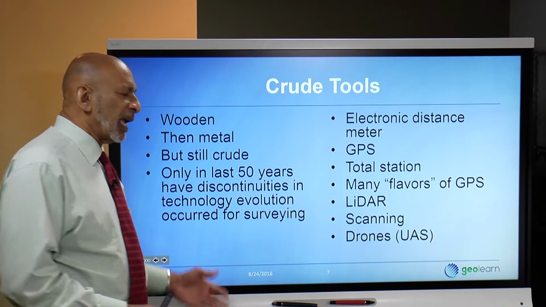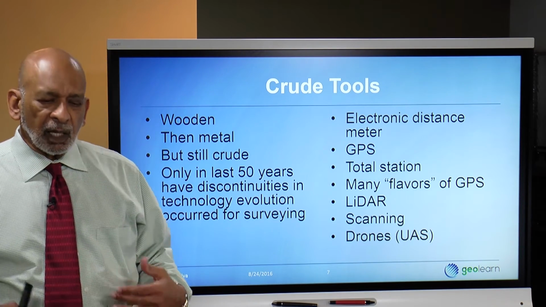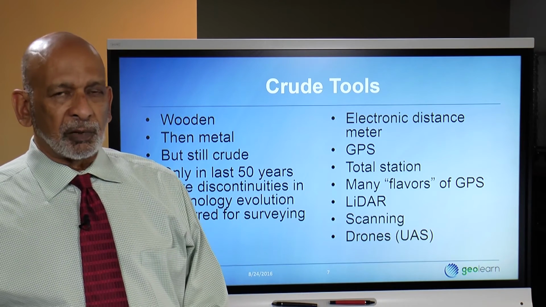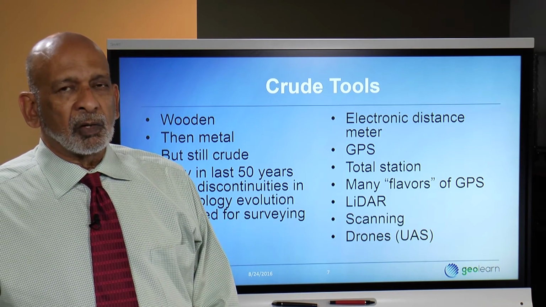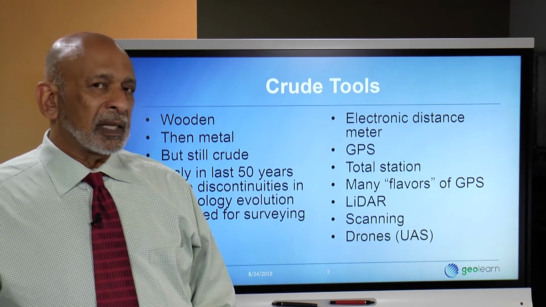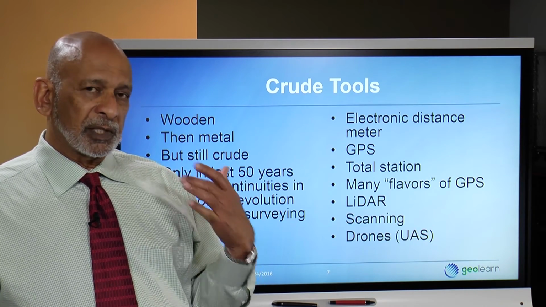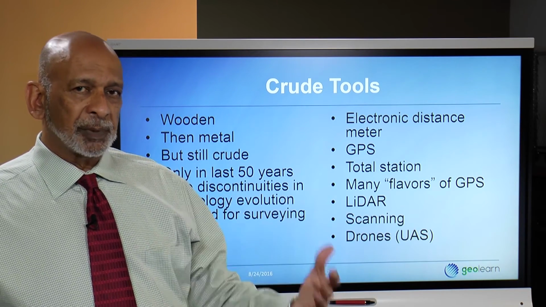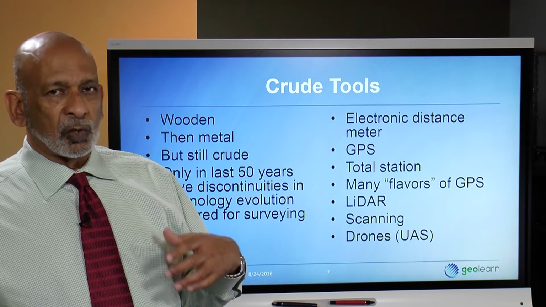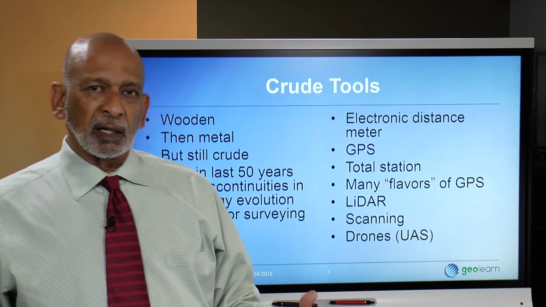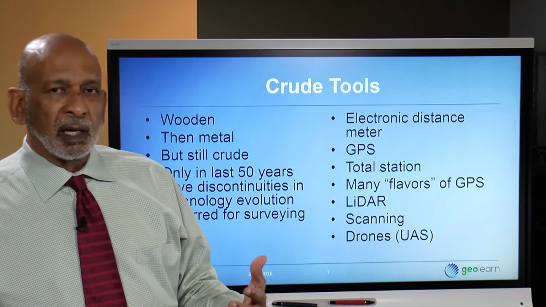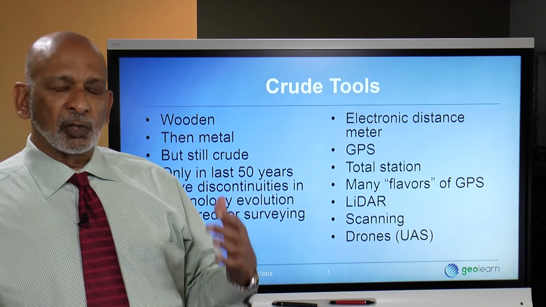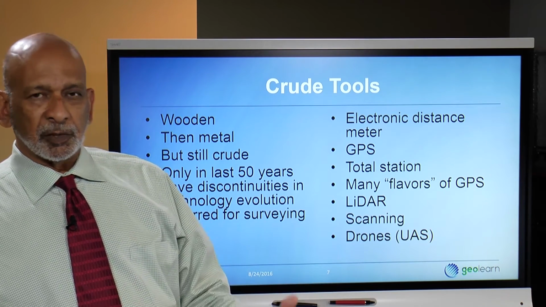But it's only in the last 50 years that there has been a steady progression, and you could go back and say maybe the last 100 years, when we all of a sudden started to change from compasses and chains to transits and eventually theodolites for angle measurement, and from chains to steel tapes for distance measurement.